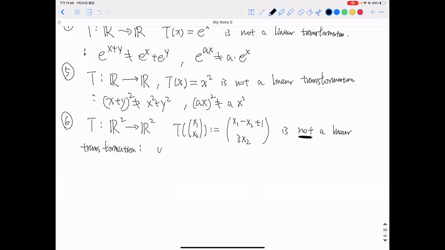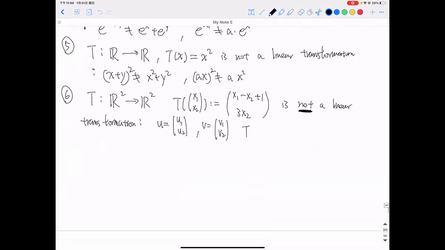So say you put u to be (u1, u2), v to be (v1, v2). Then we can compute T of u plus v and compare it with Tu plus Tv.